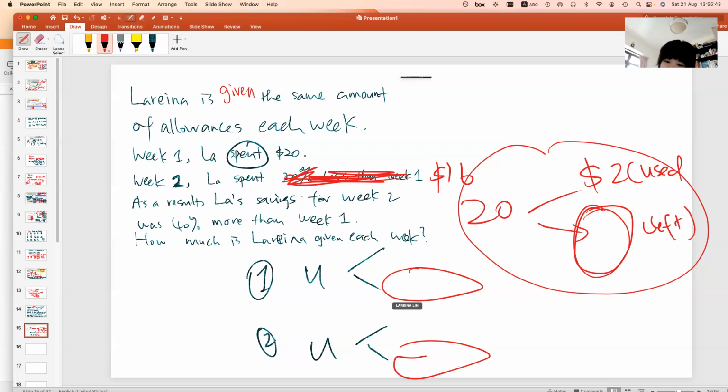No. You clear everything for what? You answer my question using this simple example. 18, how do you get 18? $20 minus 2. Similarly, you should fill up this.